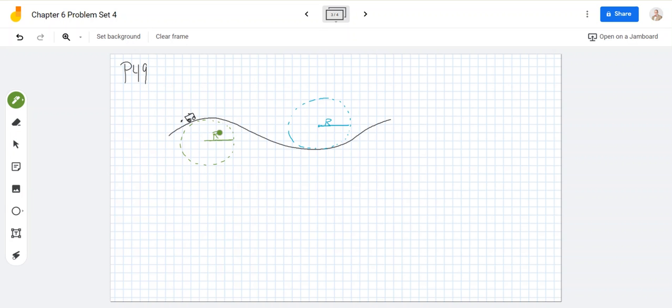At the top of the hill, the normal force on the driver is 0. Yikes. Probably going to be important. It says the mass of the driver is equal to 70 kilograms. What is the magnitude of the normal force on the driver from the seat when it passes through the bottom of the valley? All right, I like this.